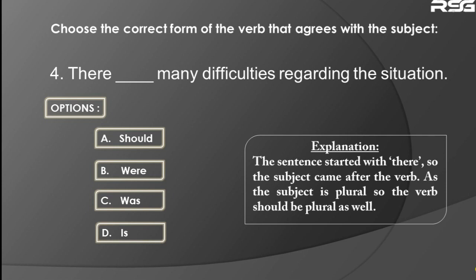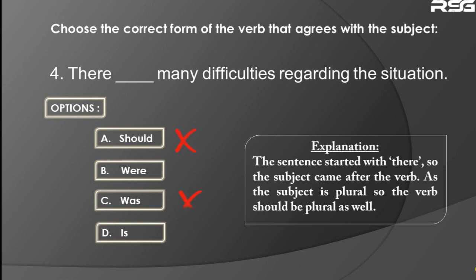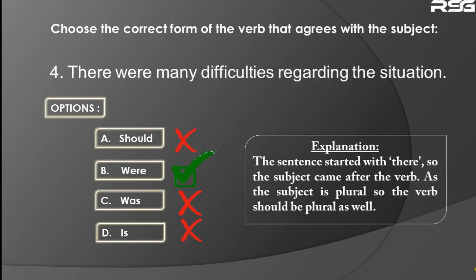As the subject is in the plural form, the verb also has to be plural as well. So the verb that you have to supply in the blank has to be in the plural form. What is the plural form of the verb that we are going to use here then? It is were. So the sentence there were many difficulties regarding the situation is your correct answer.